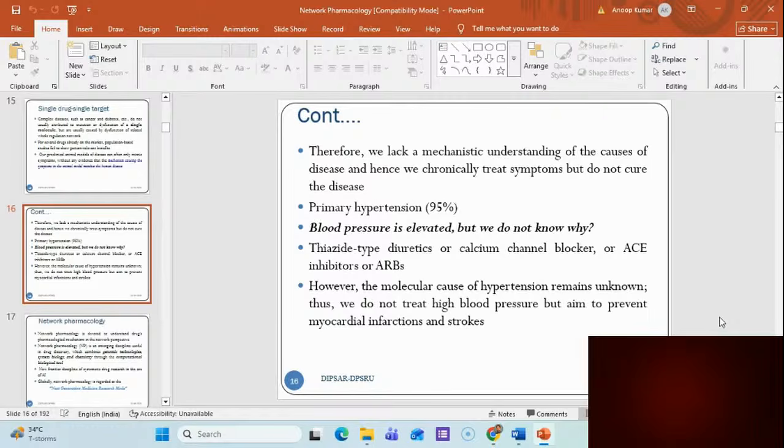So here is the network which can help you understand the pathogenesis of the disease in a better way.